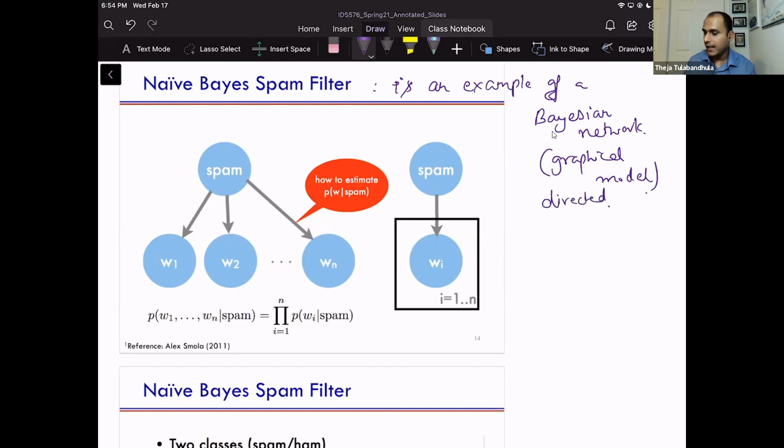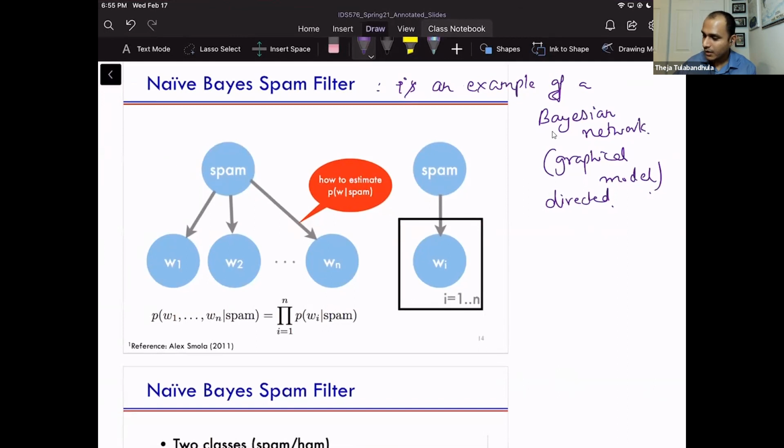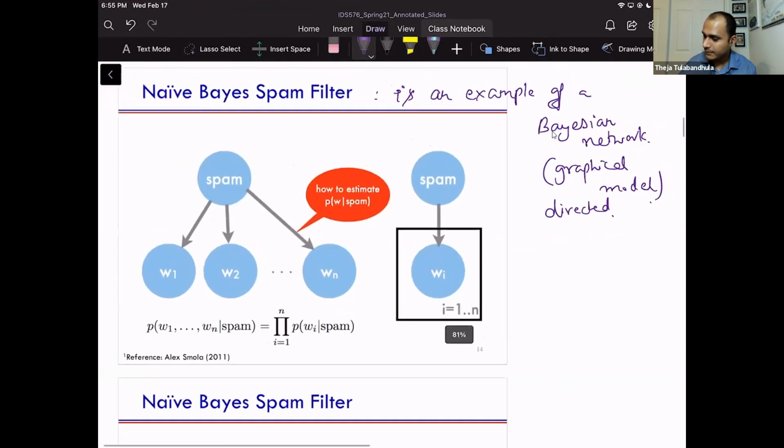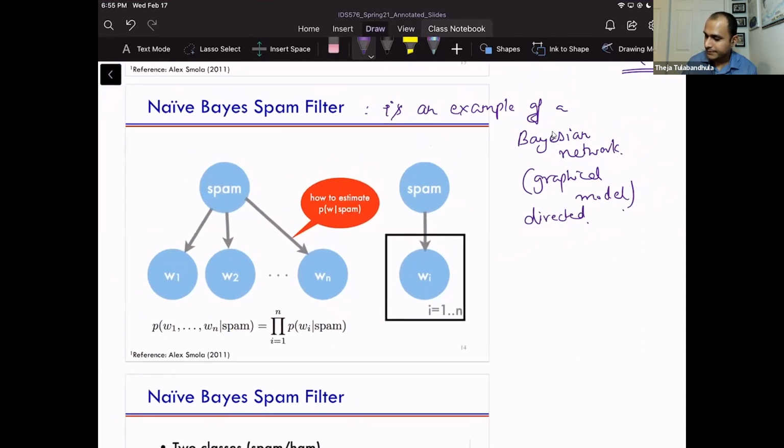Okay, and since I just said this is an example of a Bayesian network, I want to show you the graph. What we said in the previous slide is enough to describe a Naive Bayes model, but an extra bit of information is that you can represent the random variables as a graph.